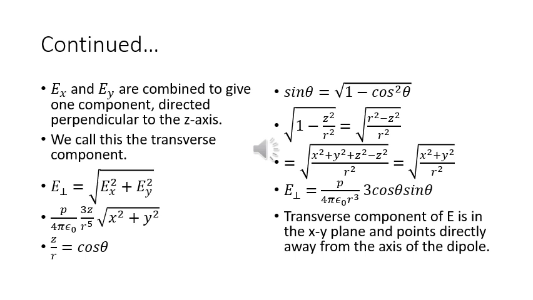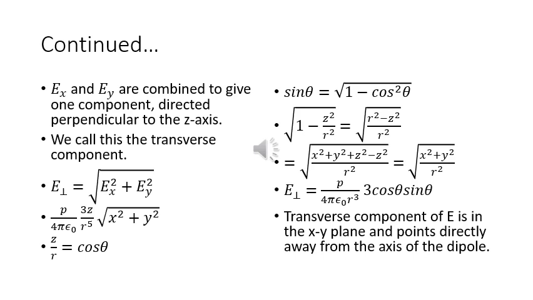Now z upon r is equal to cos theta. Sin theta is equal to under root of 1 minus cos square theta. That is under root of 1 minus z square by r square. That is under root of r square minus z square upon r square, which is under root of x square plus y square plus z square minus z square upon r square, which is equal to under root of x square plus y square upon r square.